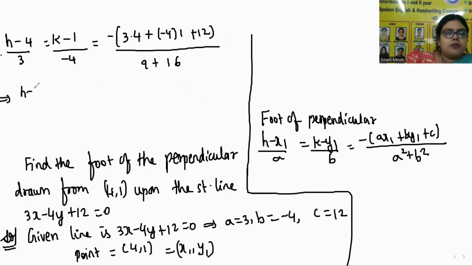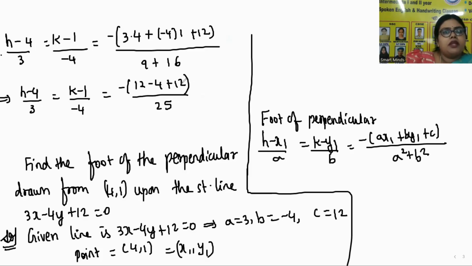So you get h minus 4 by 3 is equal to k minus 1 by minus 4 is equal to minus of 12 minus 4 plus 12 by 25. 12 plus 12 is 24, 24 minus 4 is 20. So you get h minus 4 by 3 is equal to k minus 1 by minus 4 is equal to minus 20 by 25.